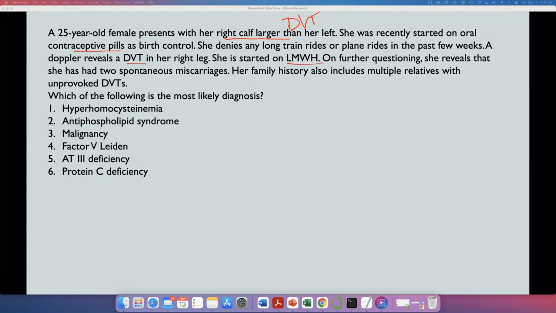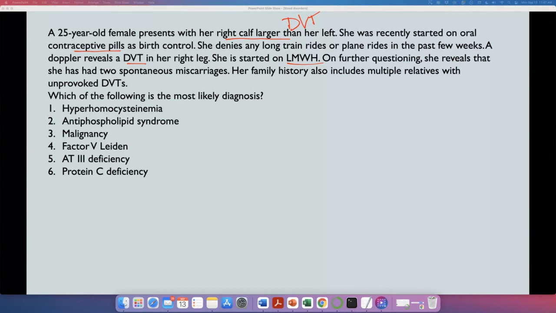Given this, this could be anything, okay? But when we don't have a clear diagnosis, first of all, we are not gonna think that she has a malignancy.